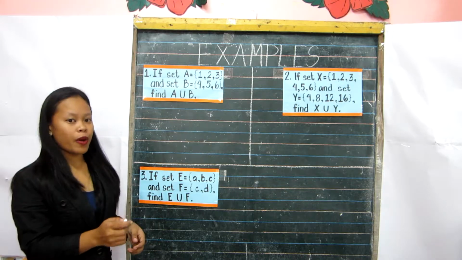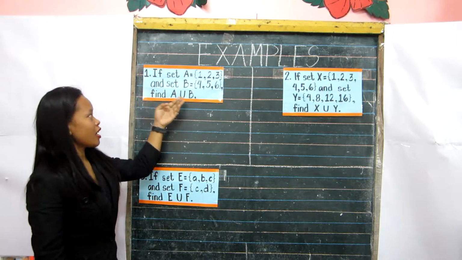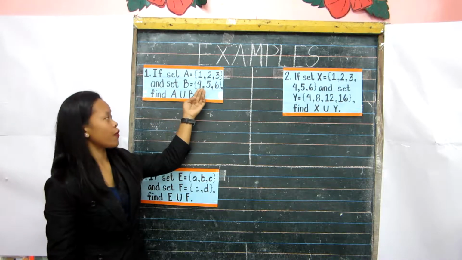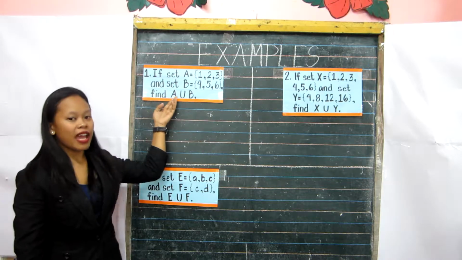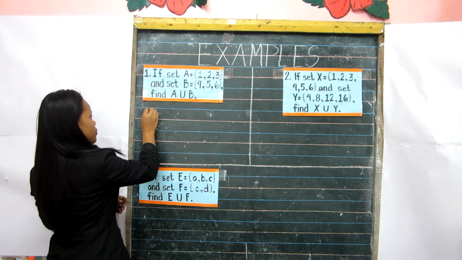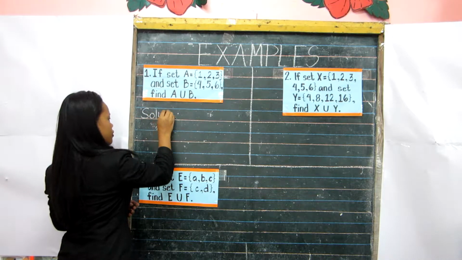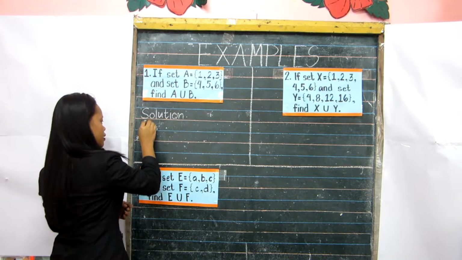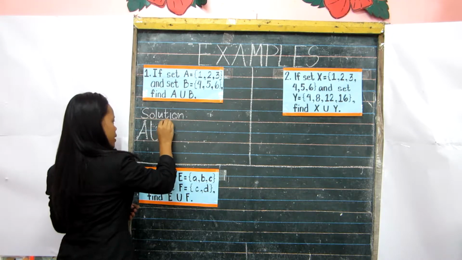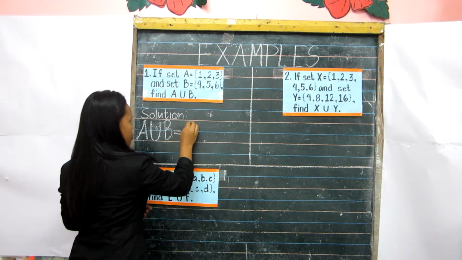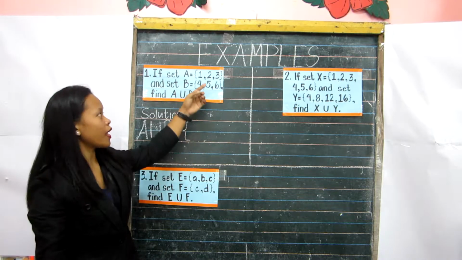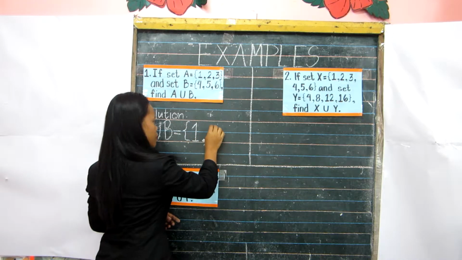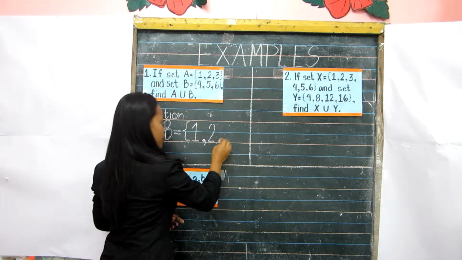For example number 1, if set A has the elements 1, 2, and 3, and set B has the elements 4, 5, and 6, find A union B. For our solution, we need to find A union B. First, list all the elements in set A, which is 1, 2, and 3.